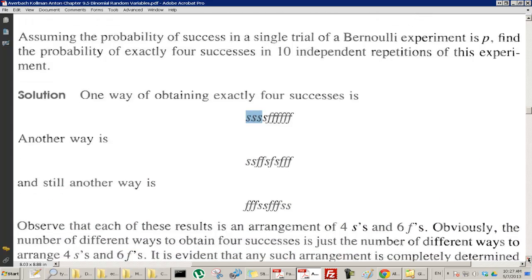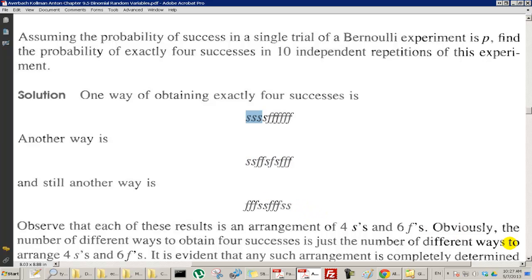Observe that each of these results is an arrangement of the 4 S's and the 6 F's. Obviously, the number of different ways to obtain 4 successes is just the number of different ways to arrange the 4 S's and the 6 F's. So you could arrange the 4 S's like this and then the 6 F's, or you could do it like this, or like this.